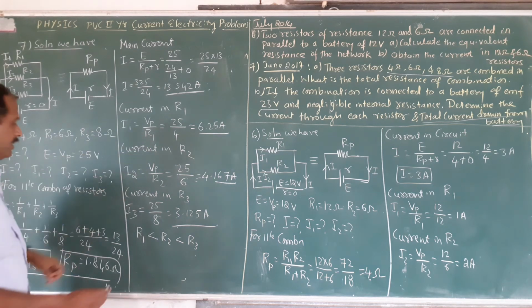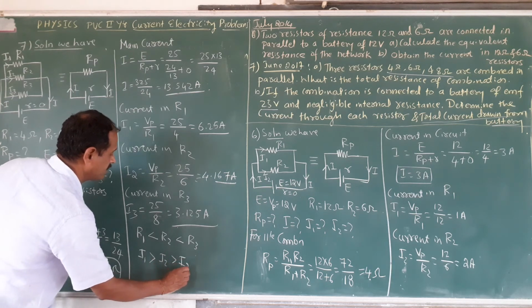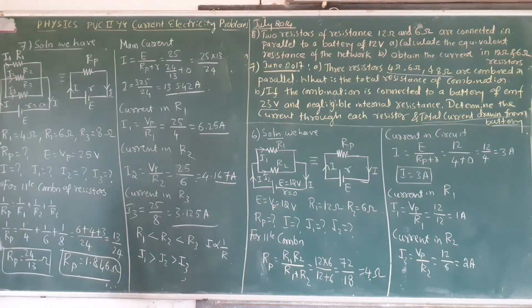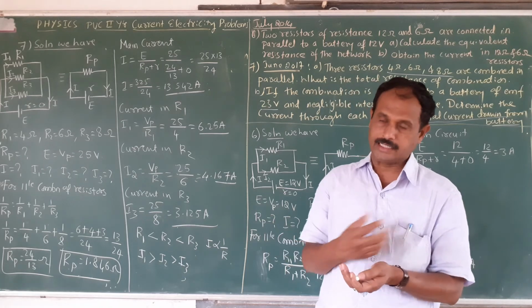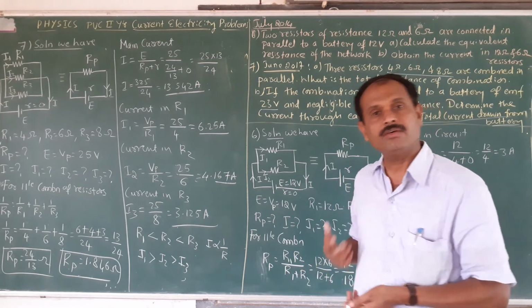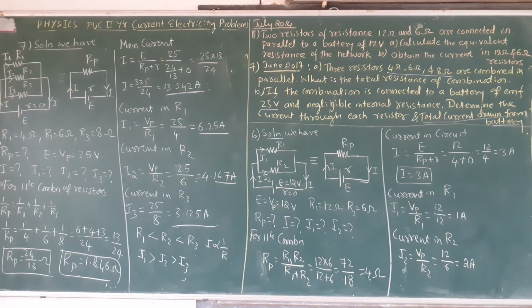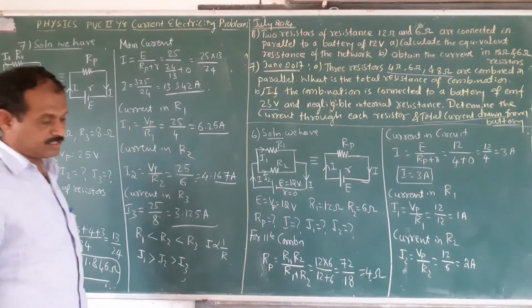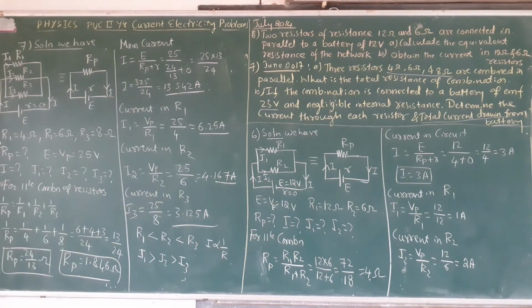Our current observation is reversed: I1 is greater than I2 is greater than I3, because current flowing through the resistor depends upon the value of the resistance. It means more resistance, less current. Less resistance, more current. Current and resistance are inversely proportional. It means more current, less resistance; less current, more resistance.